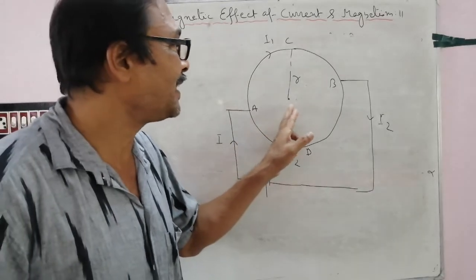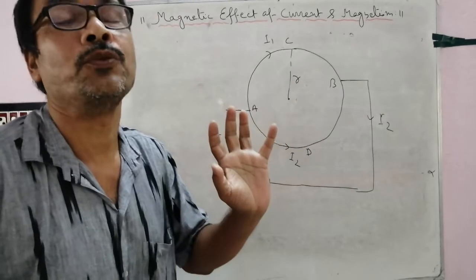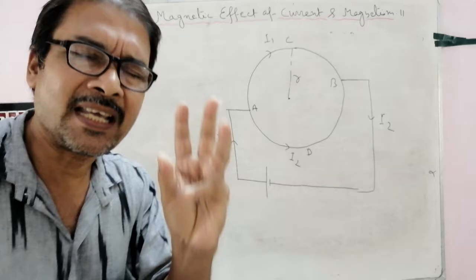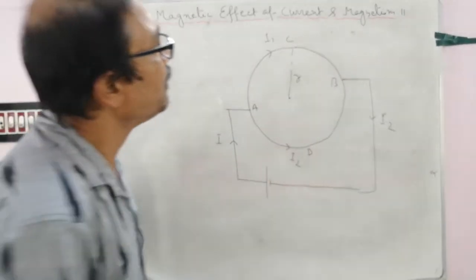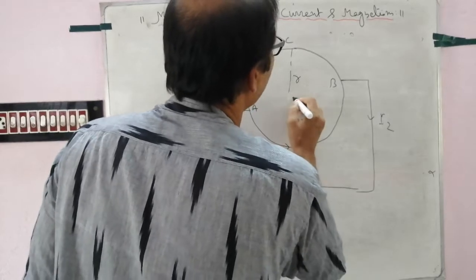What will be the magnetic field at the center? Of course, 0. If this type of question comes in an MCQ, no doubt, the result will be that the magnetic field at the center is 0.